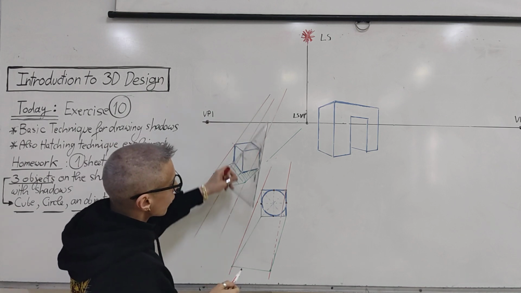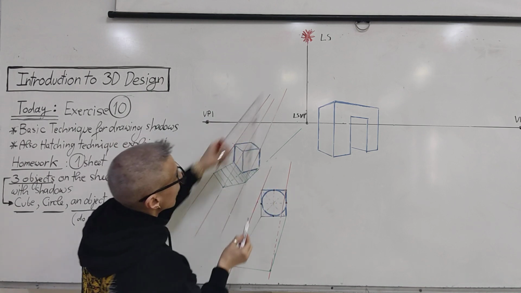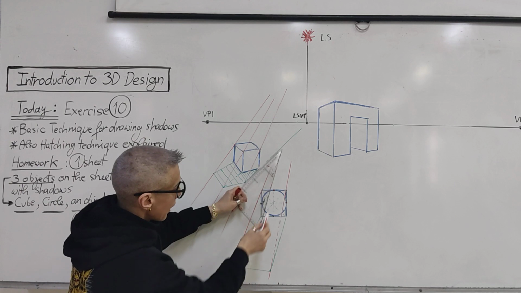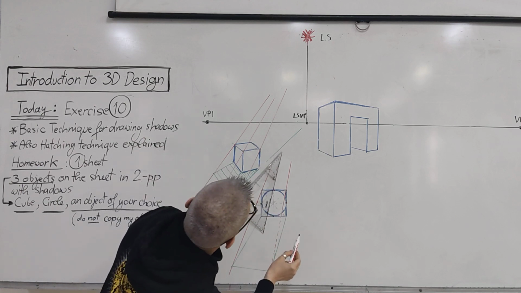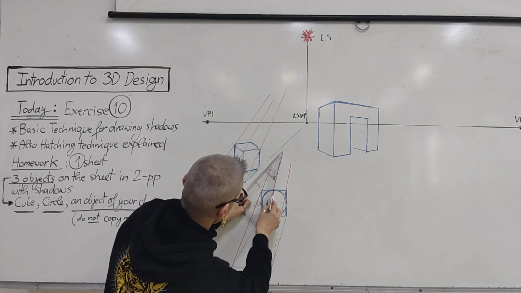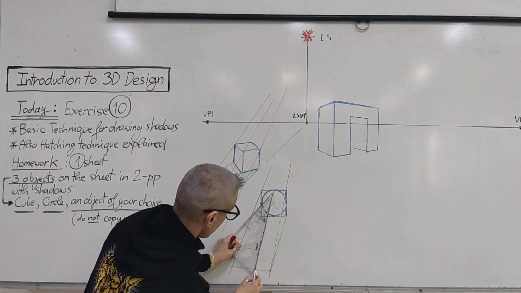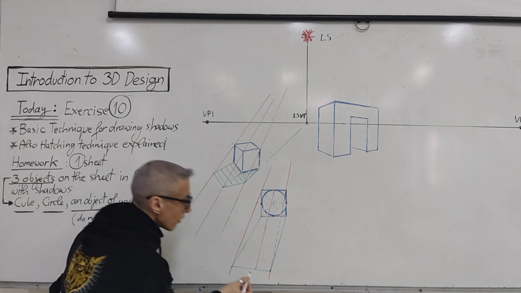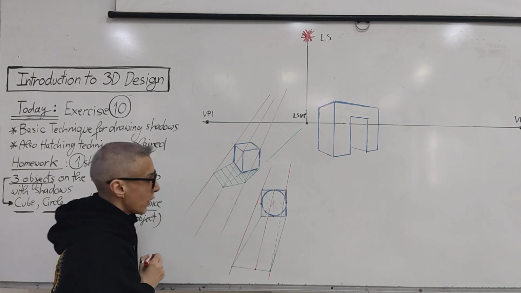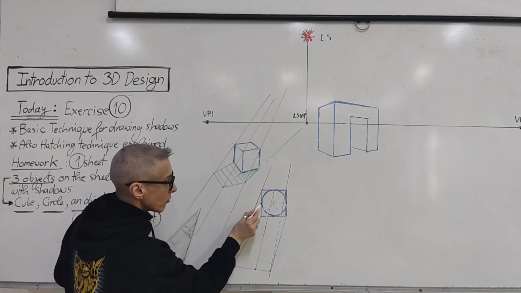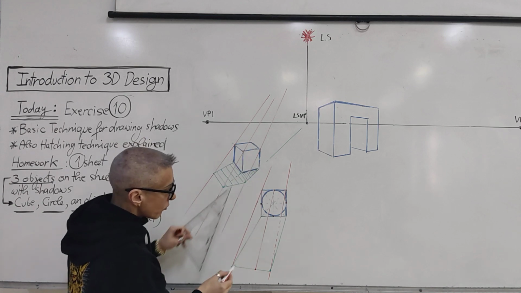So, from the light source through which point? This one, from the light source. And we will see where it will touch which line? This line, okay? So wherever it touches, here you mark it. Now, this point from the light source should touch this line.